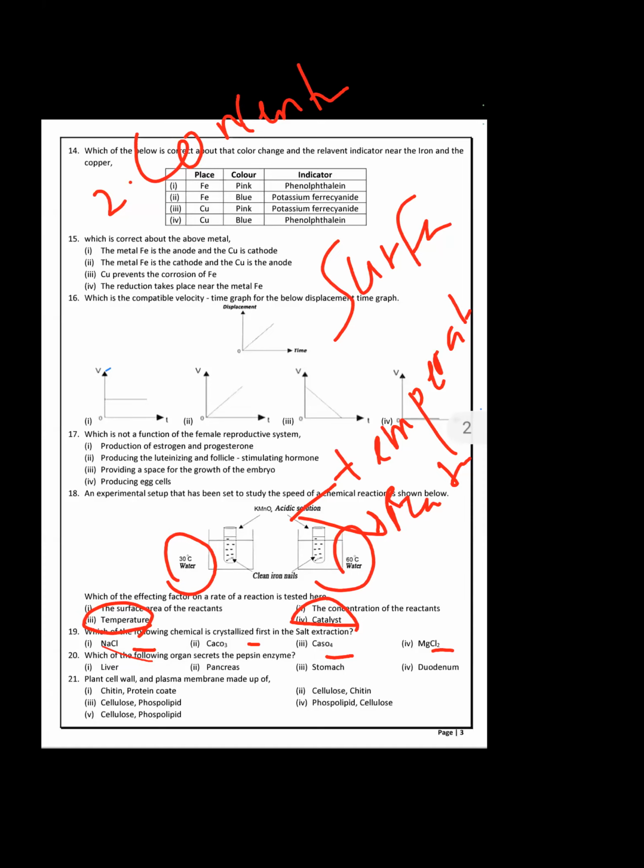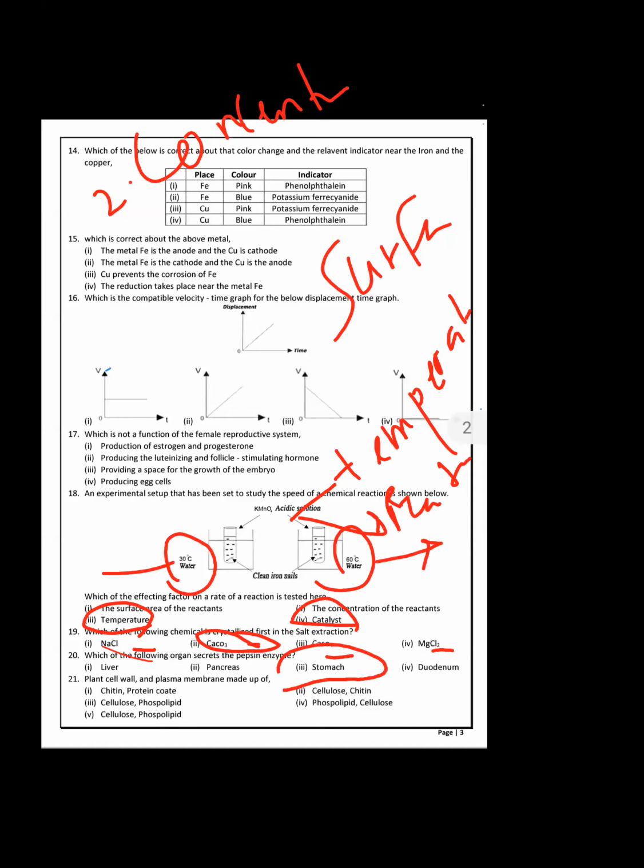Temperature 30 and the catalyst you can consider and think about. Here I use the same KMnO4 acid solution. Temperature here 30, here temperature 60. Salt extraction, calcium carbide. Then 20, which of the following organs secrete pepsin enzyme?